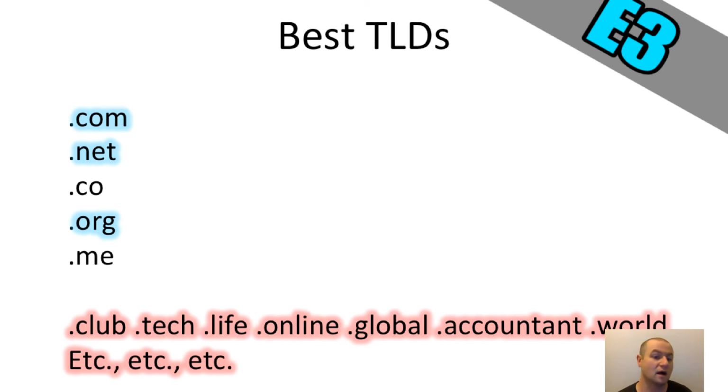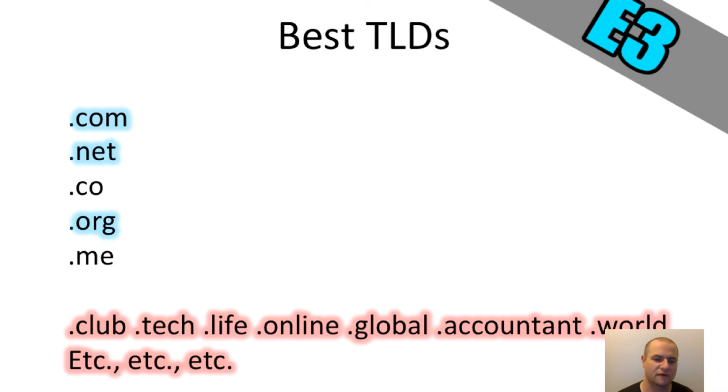Right? .co is not, so the three, .com, .net, and .org are considered the top level domains that get the most respect. .co and .me, also .io, are not that top tier, but they are pretty well respected. People do understand those are quite common and normal.